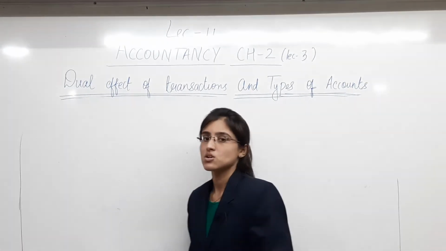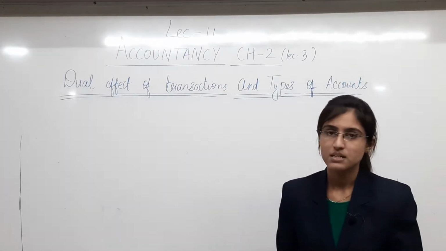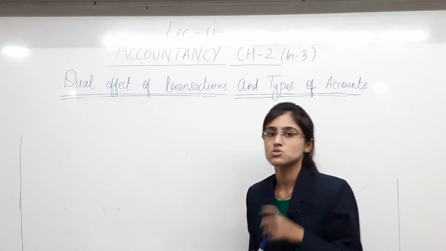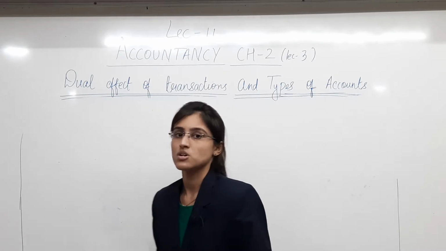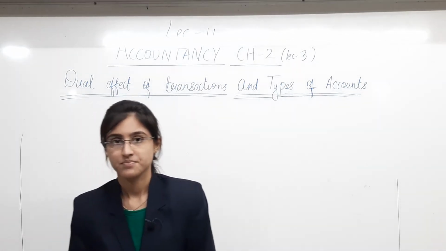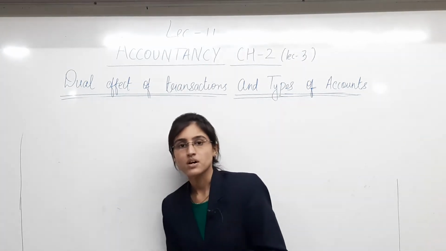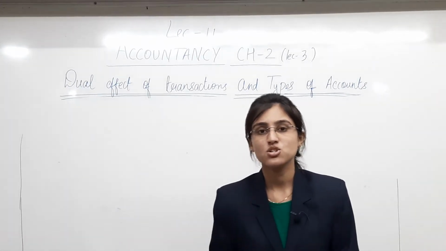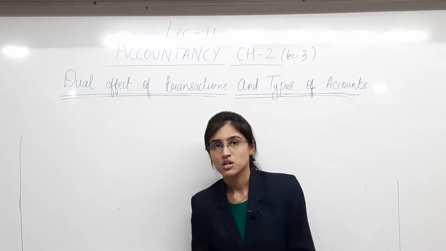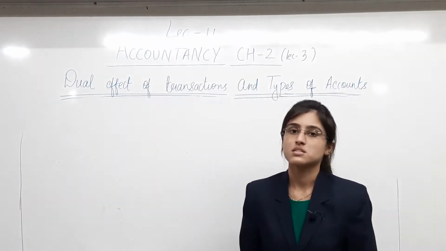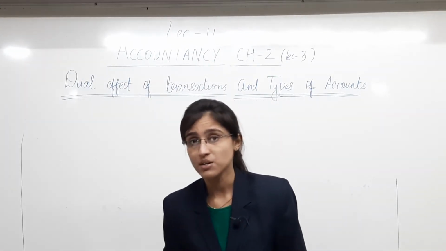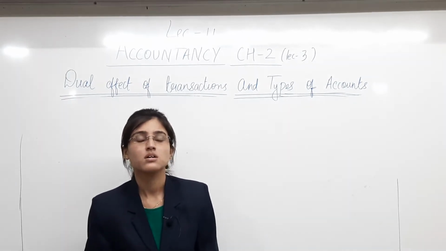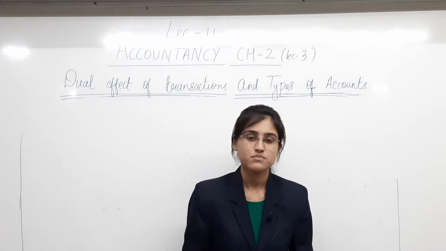Then non-economic transaction. Yes. And on this basis, we have solved illustration 1. Then we have understood about the identification of cash and credit transaction, that how do you identify a transaction to be cash or credit. Yes.